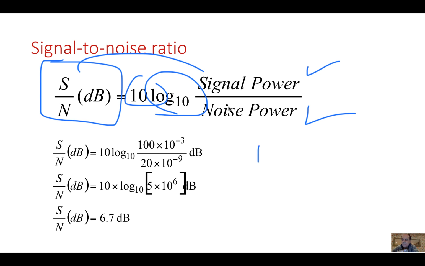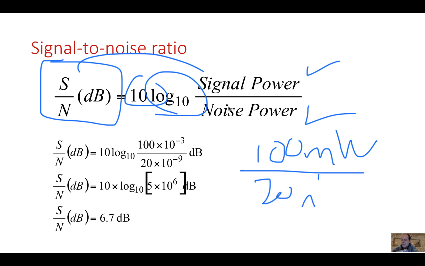If we take an example of 100 milliwatts and 20 nanowatts for our noise power, then we get this value here, which gives us a signal to noise ratio of 6.7 decibels.